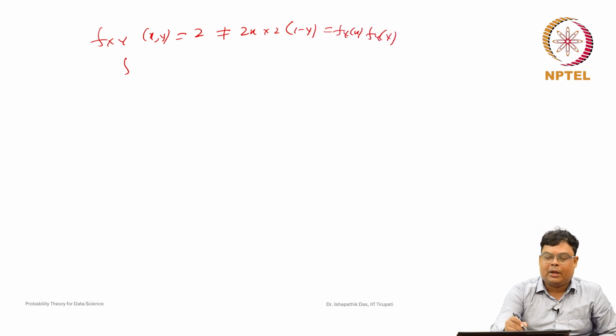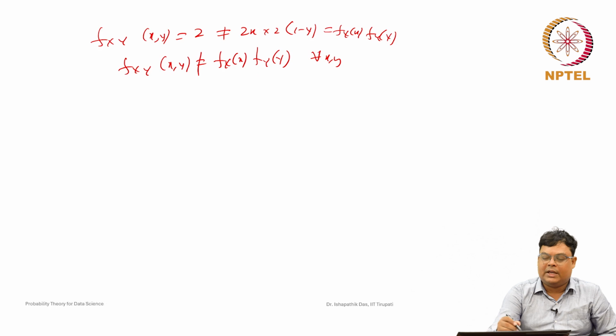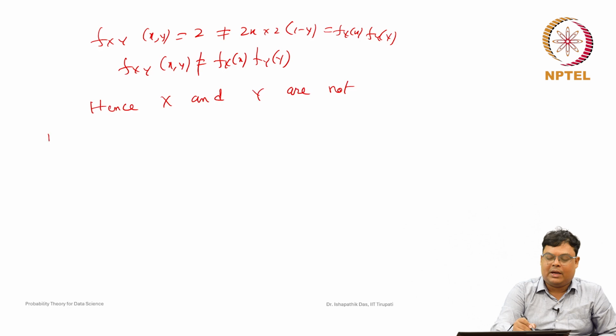So, basically we find that f(x,y) is not equal to f_X(x) into f_Y(y) for all x, y. Even for particular values of x, y where it is not equal, that is enough. Hence, x and y are not independent random variables.